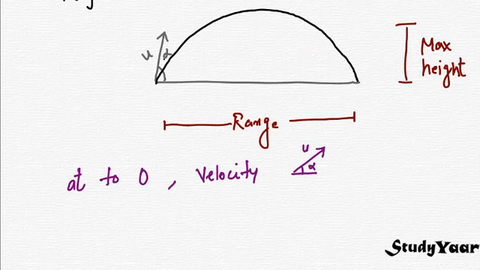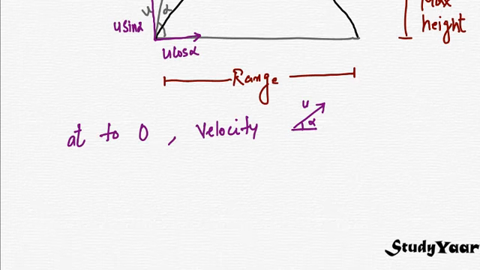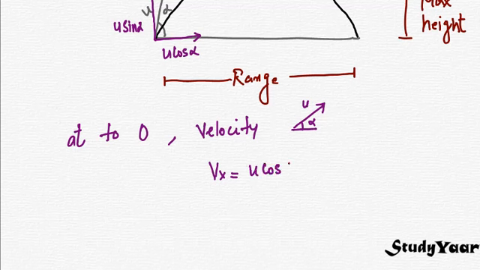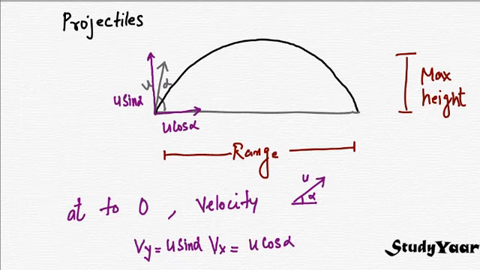Therefore, I have this as u sine alpha and this as u cos alpha. So my velocity Vx at t is equal to 0 is u cos alpha, and my velocity Vy is equal to u sine alpha.